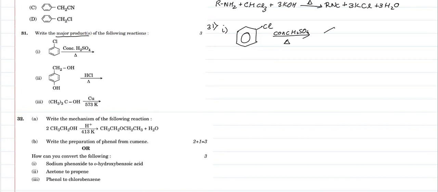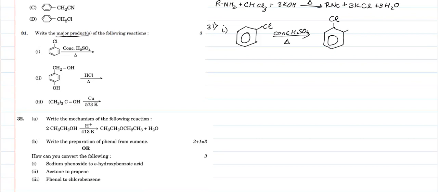So you have the possibility of two products being formed, and they only want us to write the major product. Because this is an electrophilic substitution reaction, you have an attachment of the SO3H group to the ortho or the para position. And I'm pretty sure at this point you know why a haloarene is undergoing an electrophilic substitution reaction.